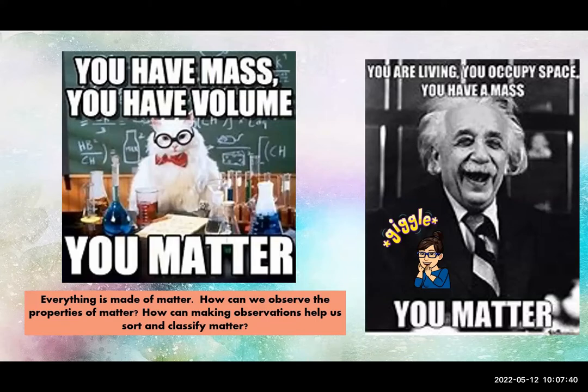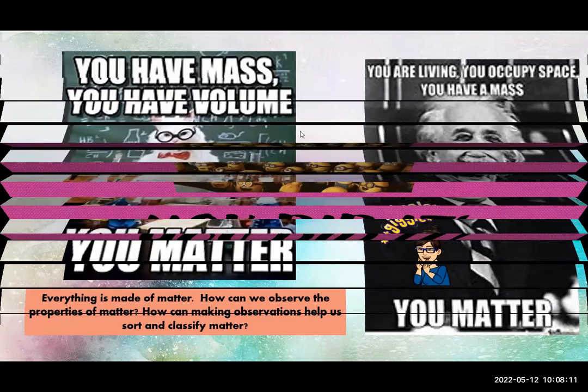How light is it? Does it float up in the air? Does it expand? Does it blow up? So you can discuss all the observations you can make. These are called observable properties, the properties that describe the matter. And these observations can help you sort and classify the matter. Everything you have around you right now is made of matter. Look at all of it.